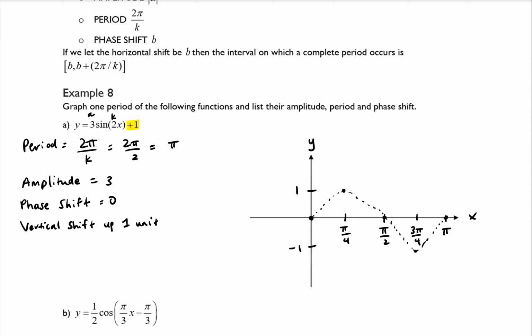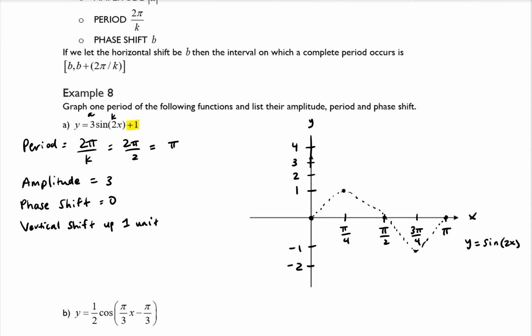what I have graphed here, that is y equals sine of 2x, but we also need to do a vertical stretch because of the 3, and we also need to do a vertical shift up 1 unit.